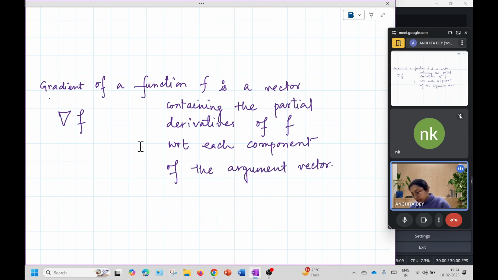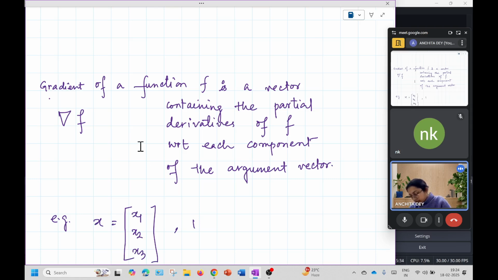So for example, say my x vector is made up of x1, x2, x3. This is my argument.